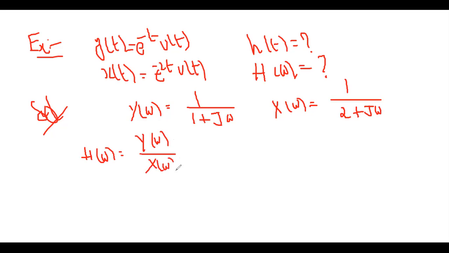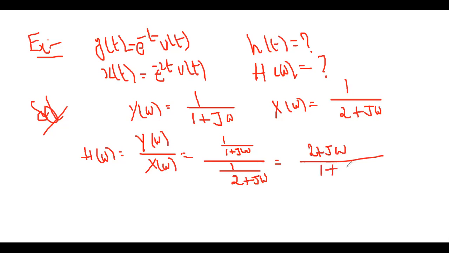We got 1 by 1 plus j omega whole divided by 1 by 2 plus j omega, which gives 2 plus j omega by 1 plus j omega. So modify the numerator as 1 plus j omega plus 1, whole divided by 1 plus j omega.